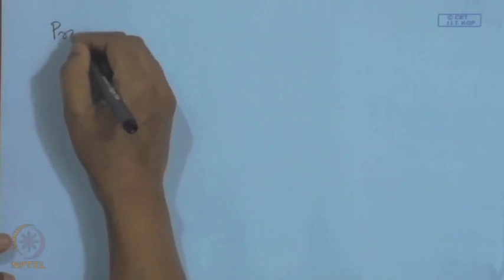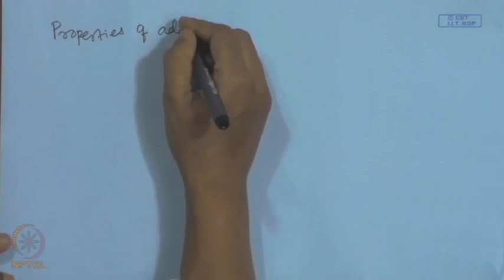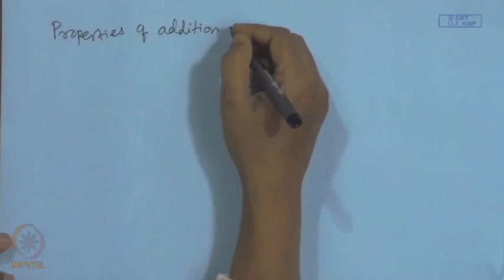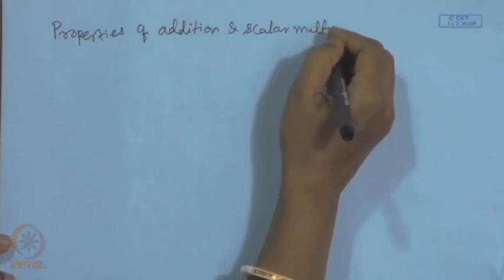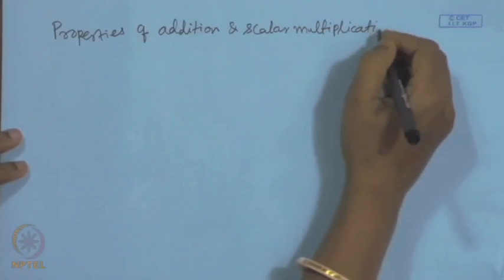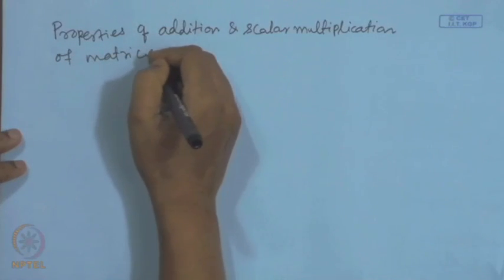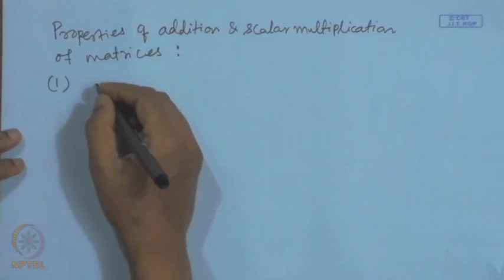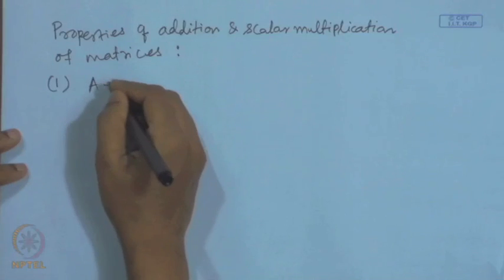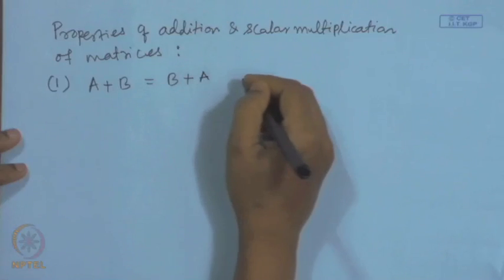The first property is A plus B is equal to B plus A, that is commutative.